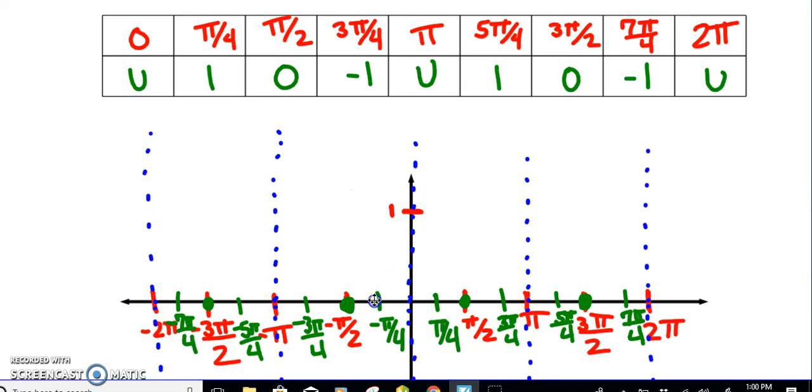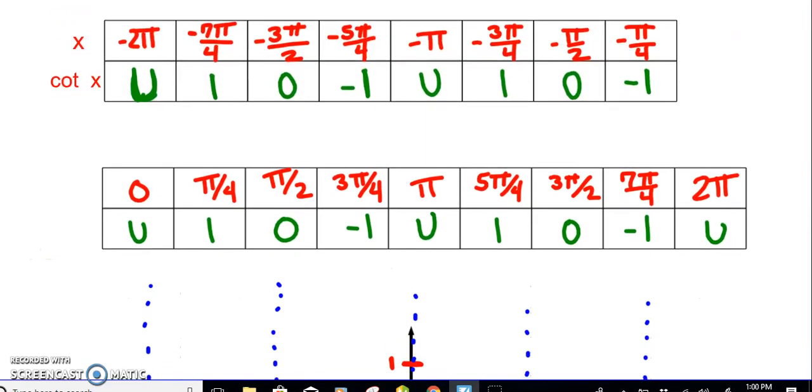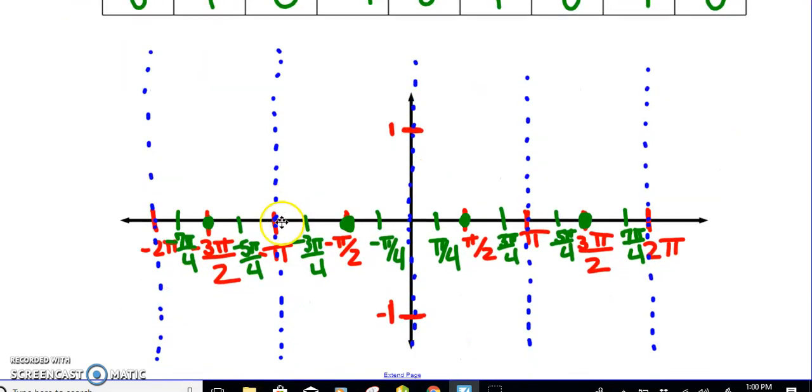All right, now with our cotangent graph, we're not going to come up this way anymore. We're going to go the opposite direction. So instead of it being, for 7 pi over 4, at 1, then 0, then -1, we're going to come backwards. We're at 1 here, 0, and then -1.